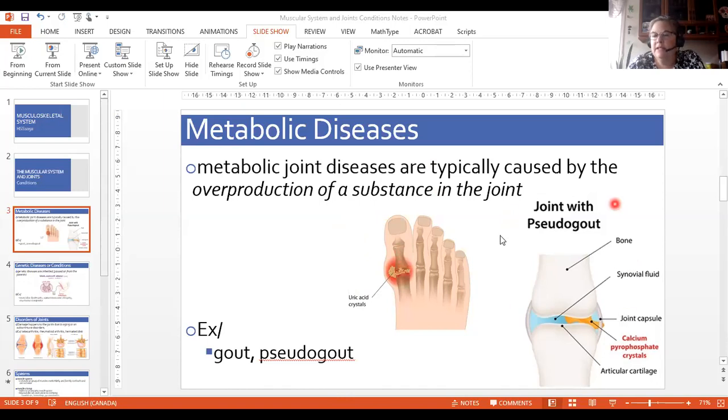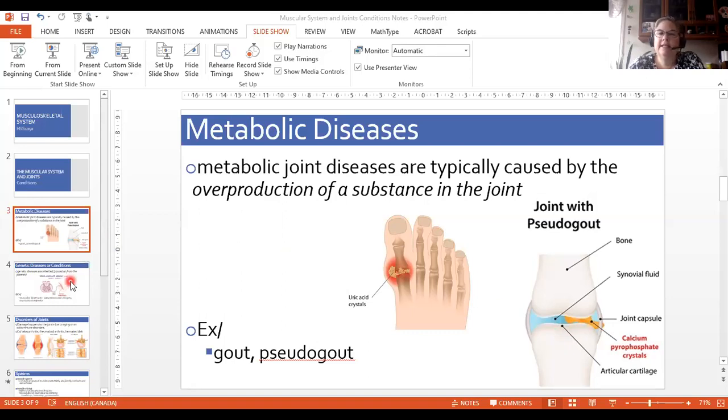And then this is a different type. This is called pseudo-gout. So gout tends to be in the toe, but it can be in other joints. This one is not in the toe, and it's not uric acid crystals. It's a different kind of crystal called calcium pyrophosphate. And that can occur in other synovial joints in our body, okay, again, causing pain.